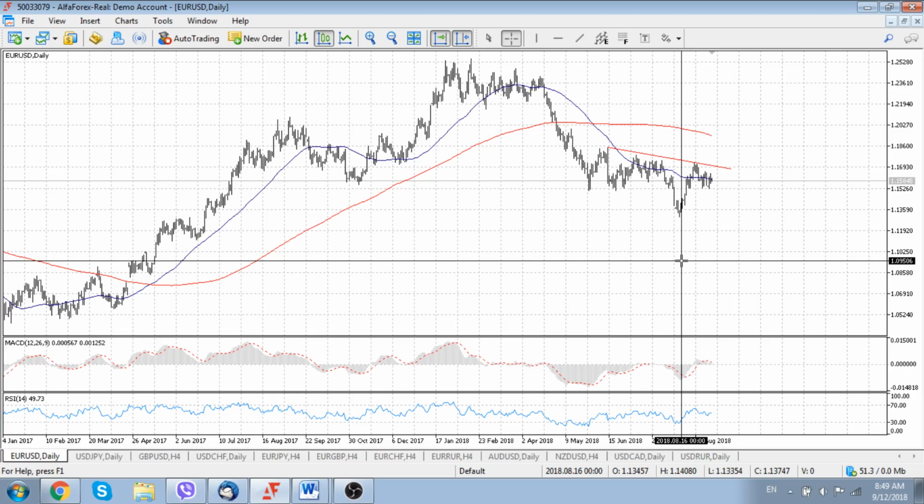Probably as regarding the euro dollar or some other euro crosses, we need to wait a little bit for tomorrow's European Central Bank interest rates decision. It will be really very interesting how the chief of the European Bank will behave during the press conference.